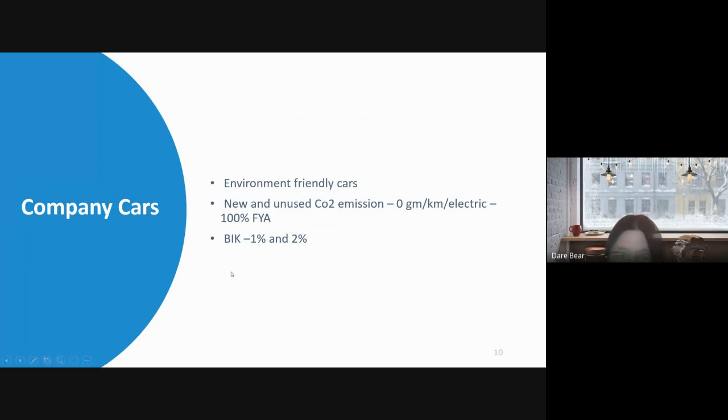It means with a total value of a 100,000 car, you will be charged a benefit in kind of 1,000 for the whole year. From next year it will be 2%, which means 2,000 in benefit in kind if you are a doctor who likes to use the company car. And it doesn't matter if you are a higher rate taxpayer or basic rate taxpayer, this 2% is the top.